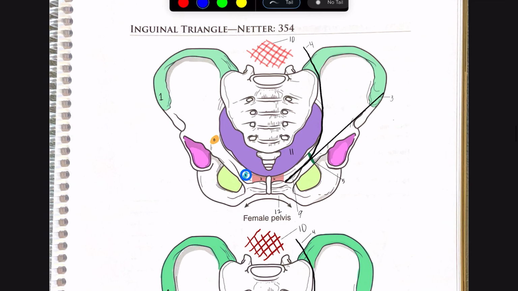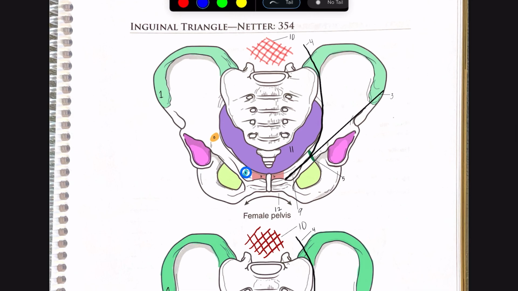So going through the numbers right here, we have this iliac crest in green, with one being the ASIS, or anterior superior iliac spine.